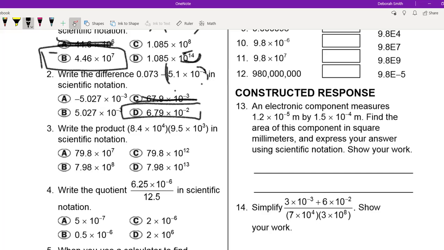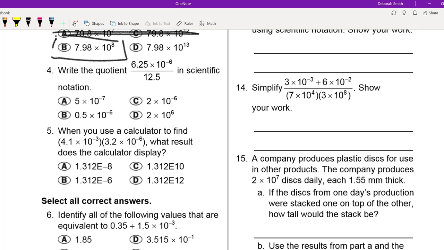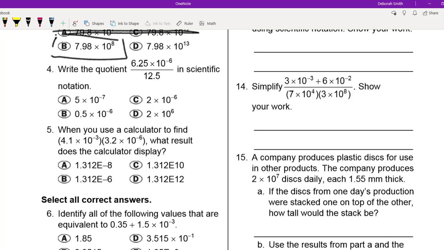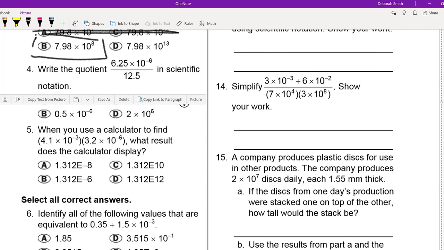Here, looking for not scientific notation so we can get rid of it. Those two are not in scientific notation, so don't pick those. When you do it in your calculator and push enter, you're going to pick that one. Alright, again, not in scientific notation. Don't pick it.